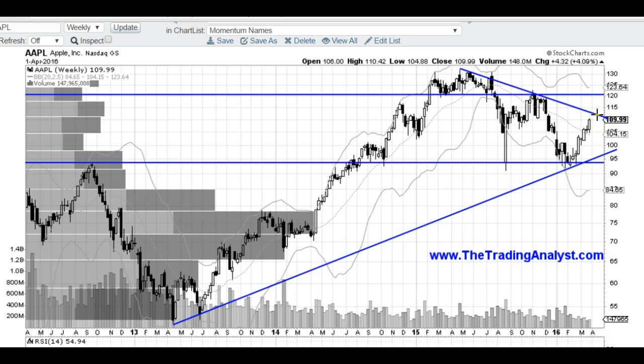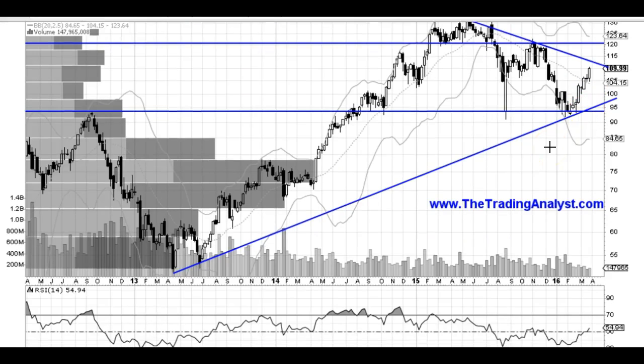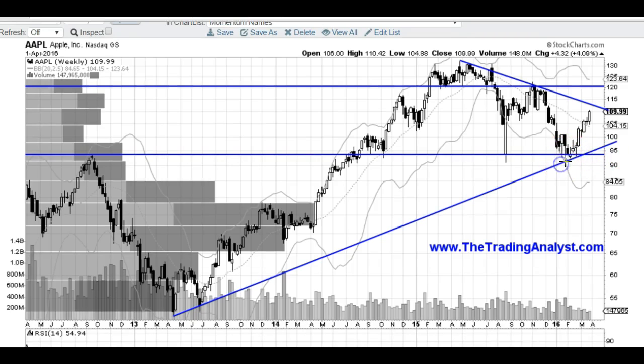I'm not saying it's going to break over. I'm not going to say it's going to be rejected. It's just something you need to be aware of. Okay, we've got an uptrend line right here from the 2013 lows, one touch, two touch, and then as you can see here, we have several touches on it right here. And this is a key area for Apple.